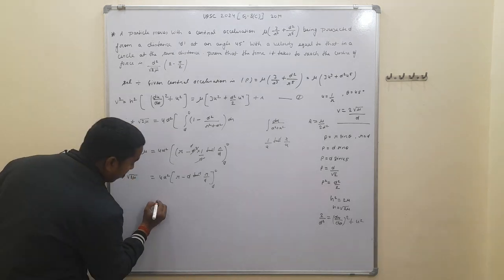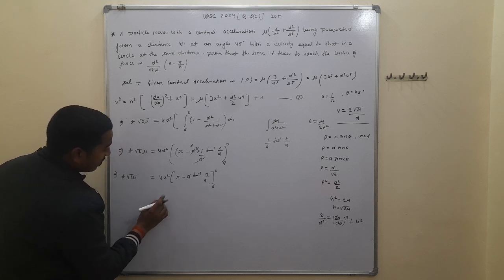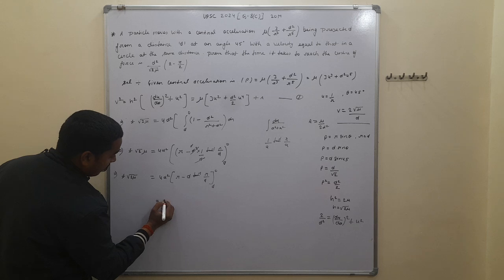We put the lower limit, that is minus of, once again here is 4d square.